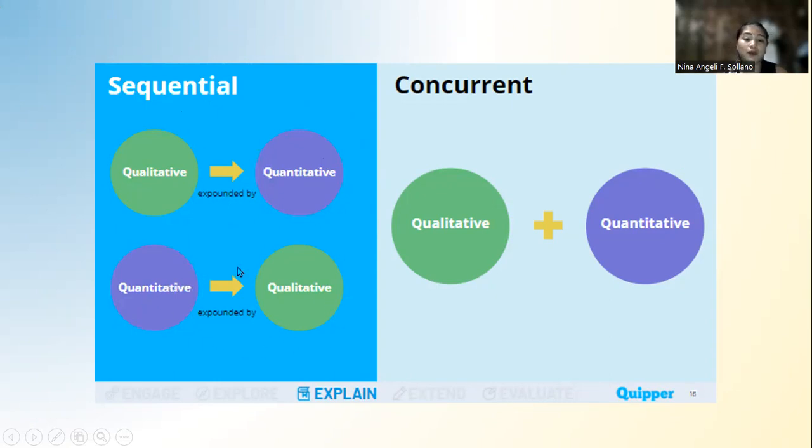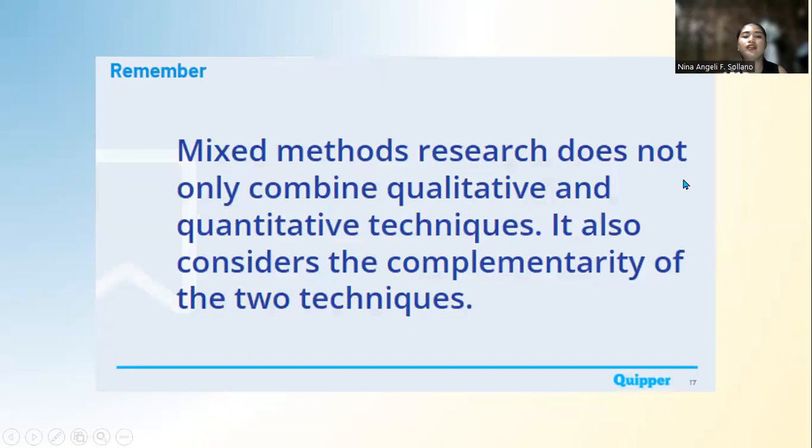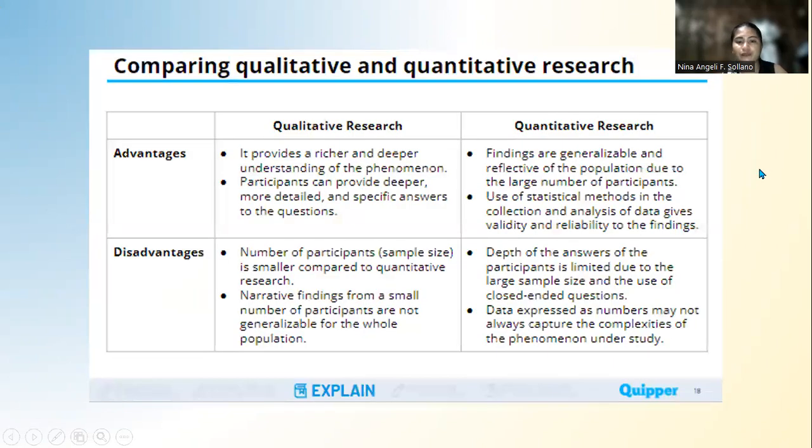Quantitative can be expounded by qualitative. In concurrent, qualitative plus quantitative. And always remember that mixed methods research does not only combine the two, the quali-quanti, but also considers how they complement each other. So let's compare qualitative and quanti.